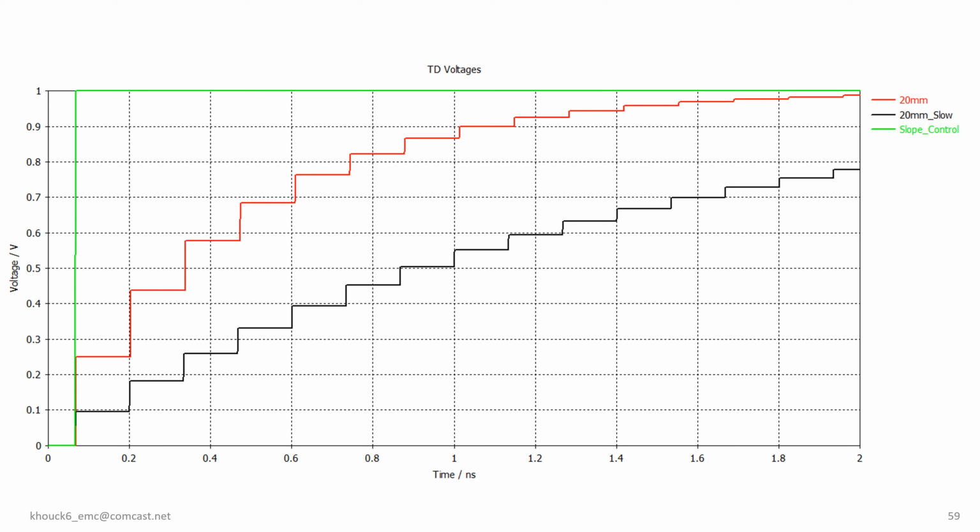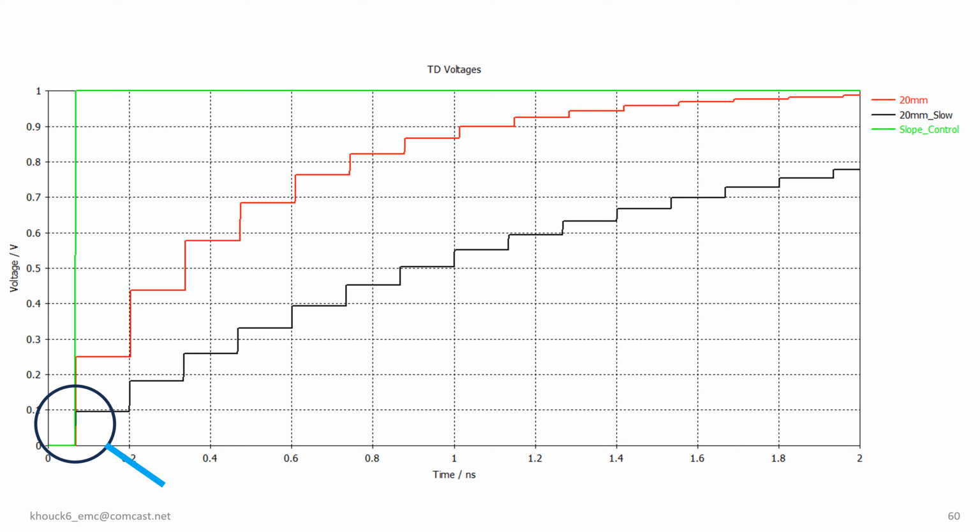This scenario is represented by the green slope control signal, where the energy delivery is finely tuned to minimize unnecessary round trips and optimize signal transmission efficiency. Understanding and controlling the characteristics of the riser in the stair-step waveform are essential for achieving efficient and reliable signal propagation in electronic circuits.